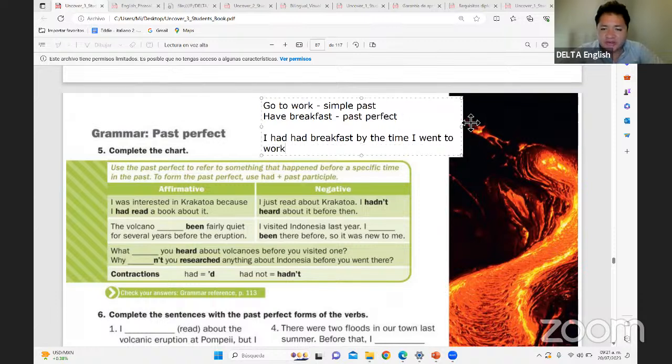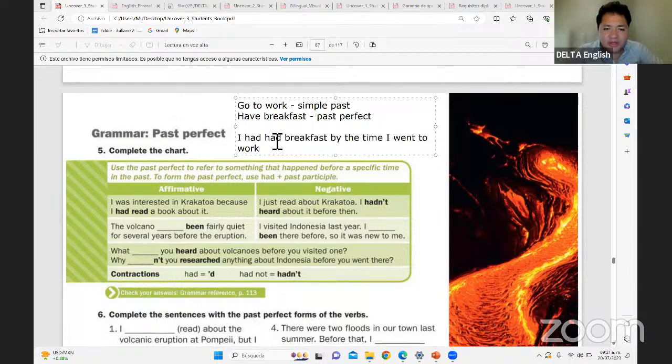So this sentence, right, says ya había desayunado para el tiempo que me fui al trabajo o para la hora que me fui a trabajar, right? Or you can replace by the time y podemos poner before. I had breakfast before I went to work. Había desayunado antes de ir al trabajo, all right?